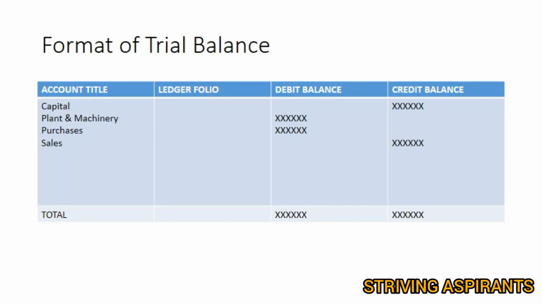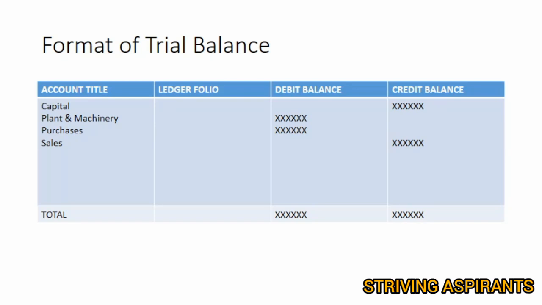So this is the format of trial balance. In this format, I have only given 2, 3 or 4 examples. We will be looking at the trial balance in a better way in the coming videos.